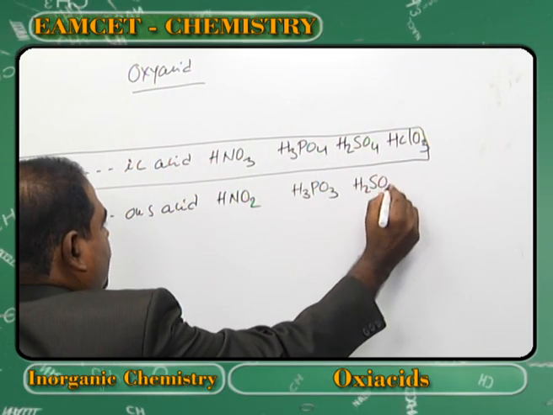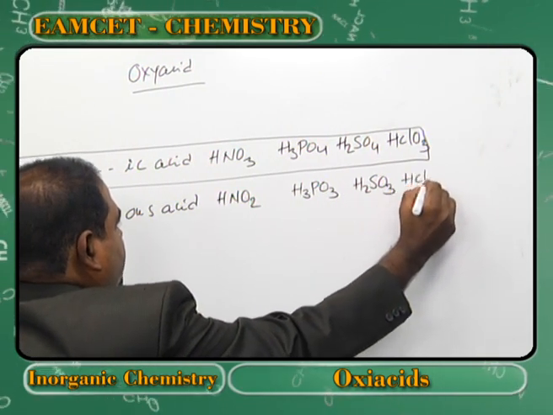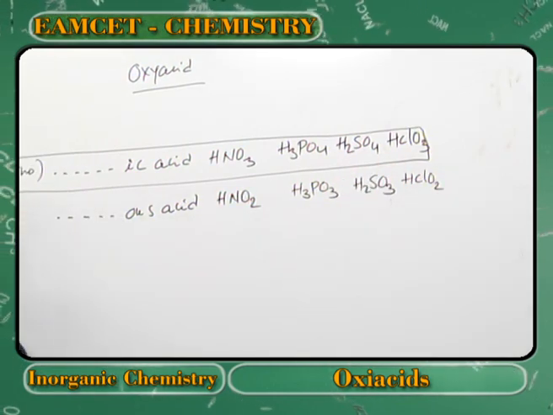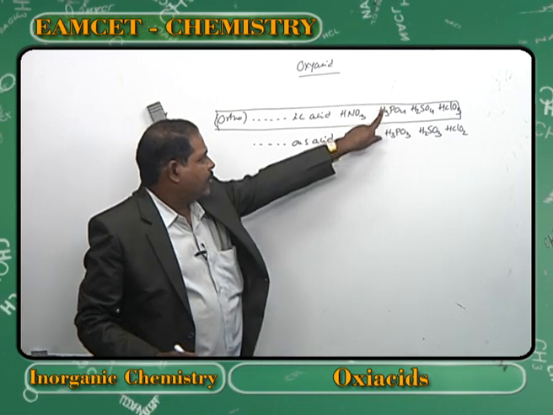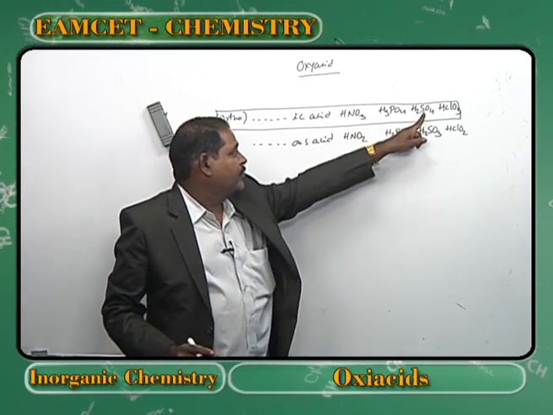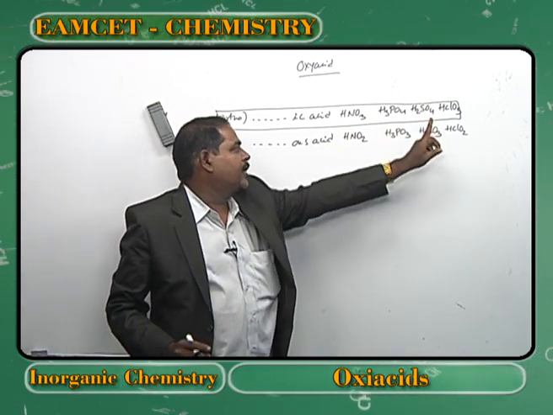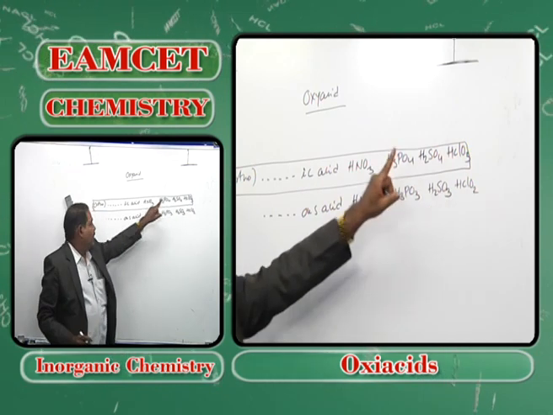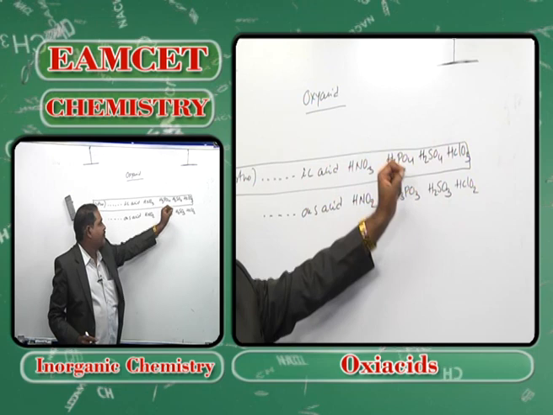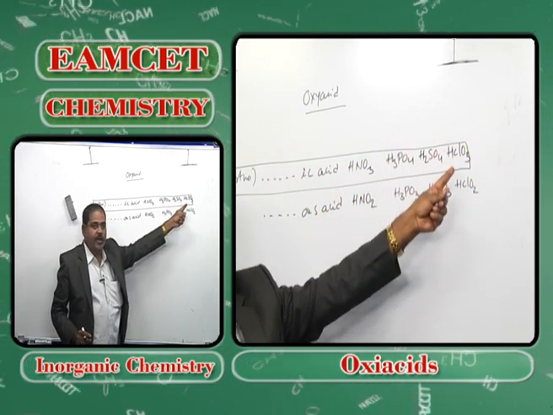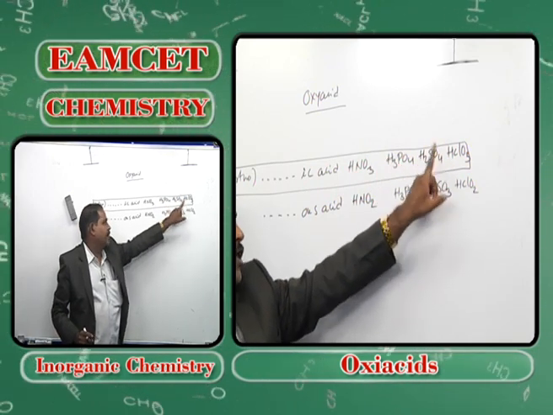H2SO3, sulfurous acid. HClO2, chlorous acid. Look here: nitric, nitrous, phosphoric, phosphorus, sulfuric, sulfurous, chloric, chlorous. So, these three acids, all of you know from the beginning. There could be slight confusion just regarding chloric acid. So, you learn this a little carefully.